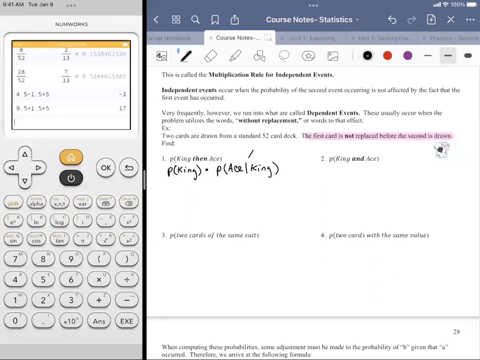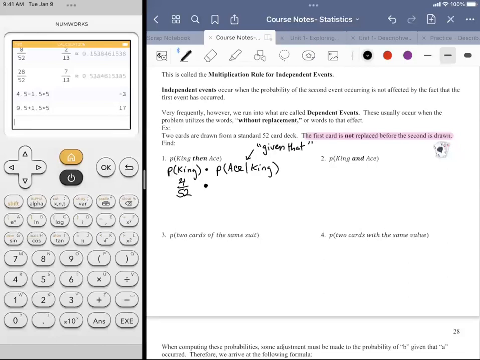All right, so this means given that. You could also say like knowing that. So if I know that the first card that was selected was a king, now what's my probability of getting an ace? That's how that really reads. All right, the first part, especially with cards, should be very easy. We're looking at 4 out of 52.